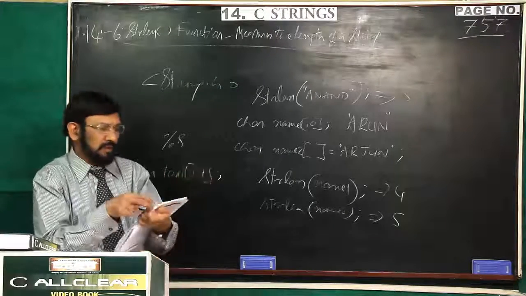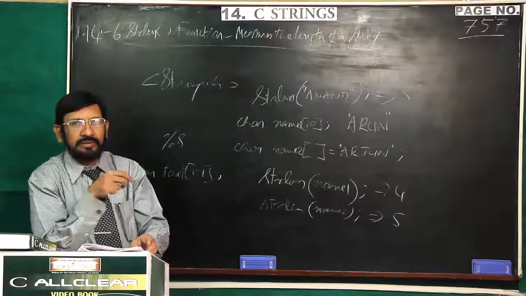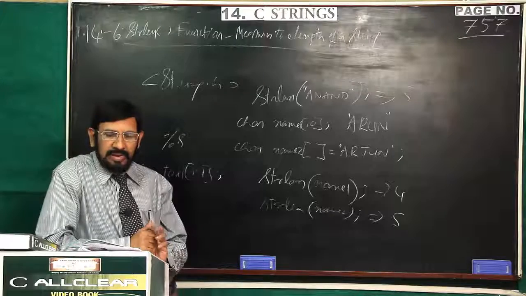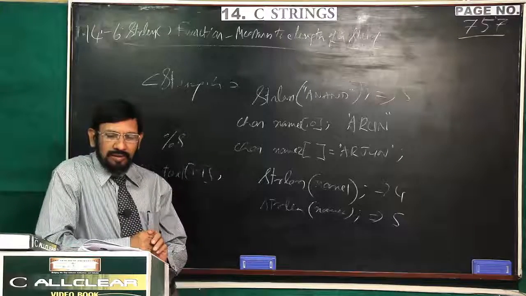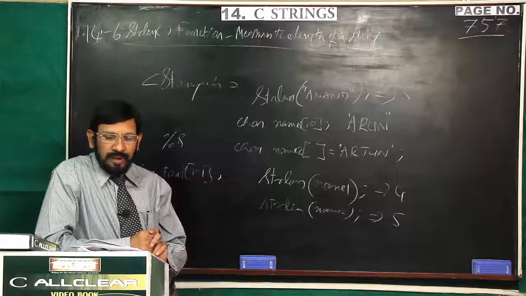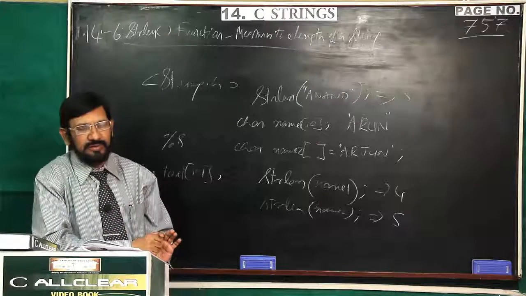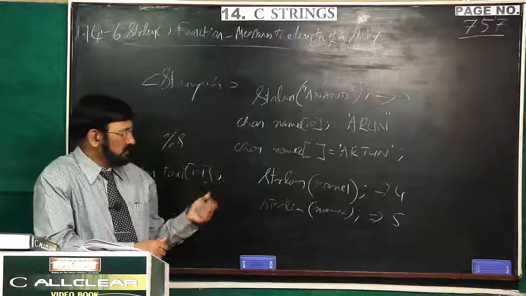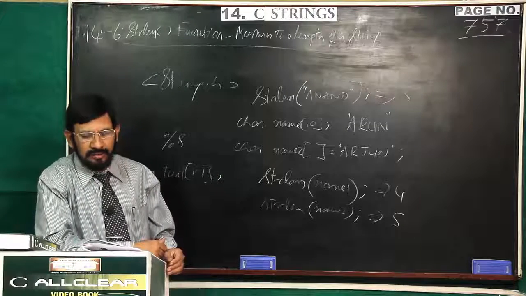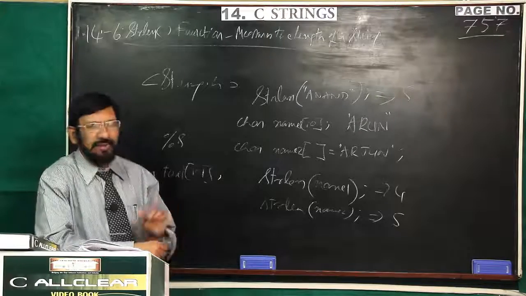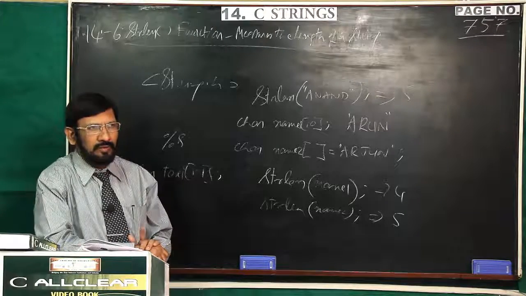And you see the output, page number 759. Here: great dreams make great men. Now the string you could print, and at the same time you are able to find the size of the string by using strlen and print it. This is the functionality of the strlen function.